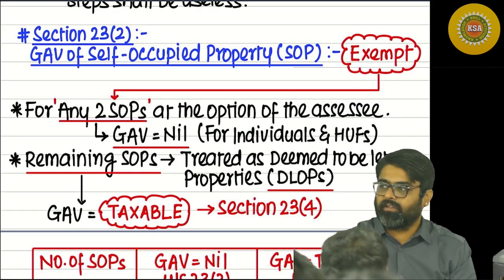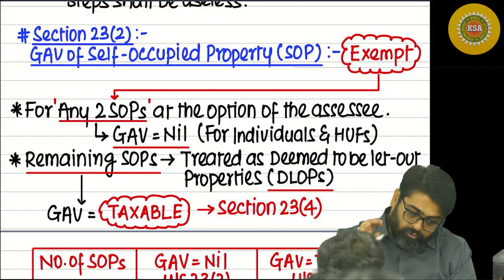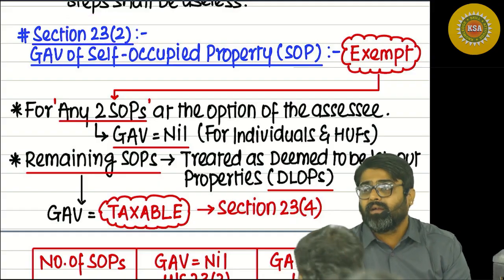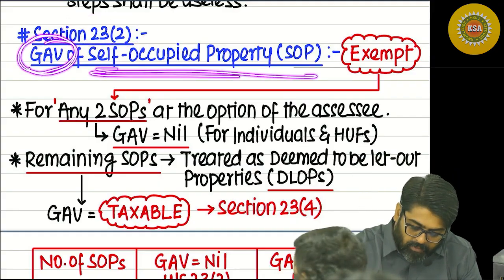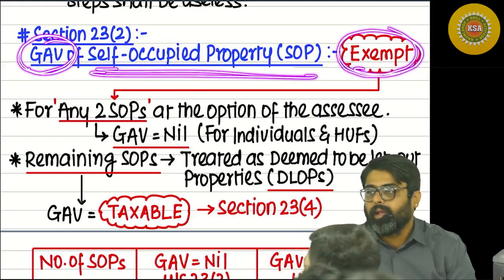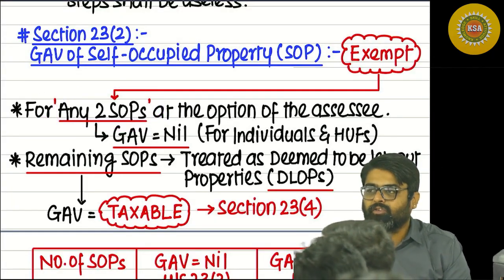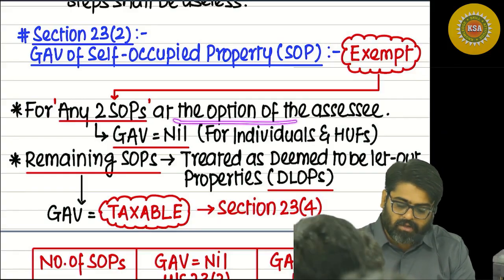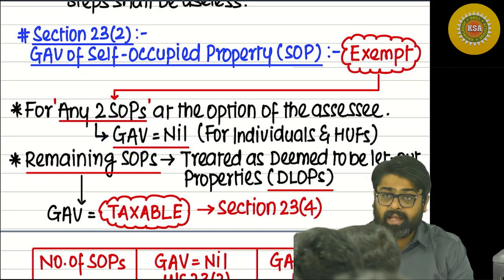Now if the property is SOP, then for SOP, section 23(2) is there. Section 23(2) says that the annual value of the self-occupied property will be taken as nil, and it is exempt for all the SOPs or any 2 SOPs, at the option of the assessee.